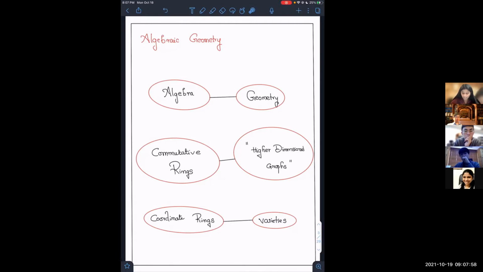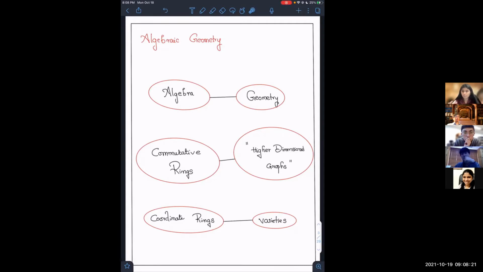For example, you can visualize intuitively a circle. It's a graph, right? And what is a graph? A circle is a zero set of a polynomial, right?